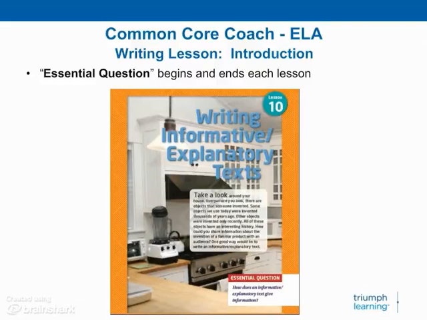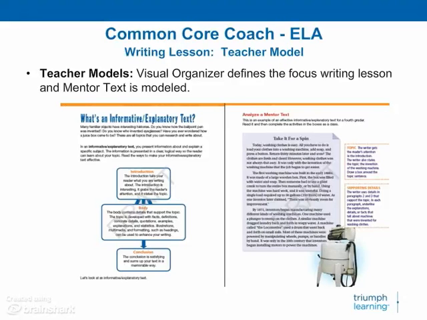Writing lessons within the Common Core Coach ELA, grades 3 through 8, always begin with an introduction, a visual, and an essential question. Within the grades 3 through 8 writing lesson, the teacher will begin by modeling. She'll use a visual organizer to define the focused writing lesson and the mentor text.